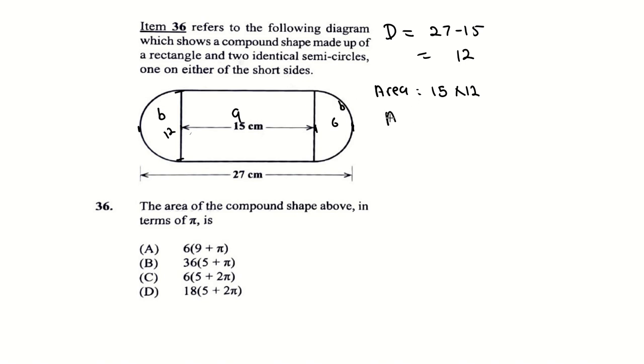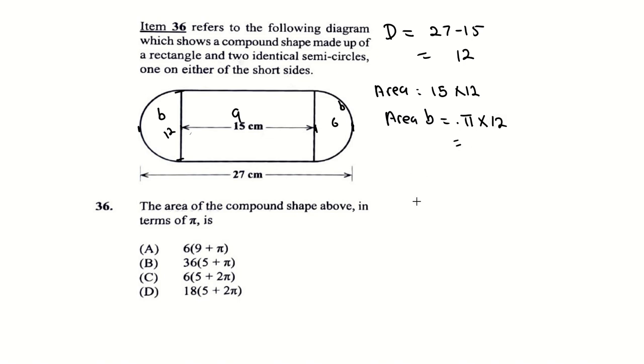The area of B, which is the area of a circle, a combination of the two circles, would be pi by your diameter, which is 12. Right?